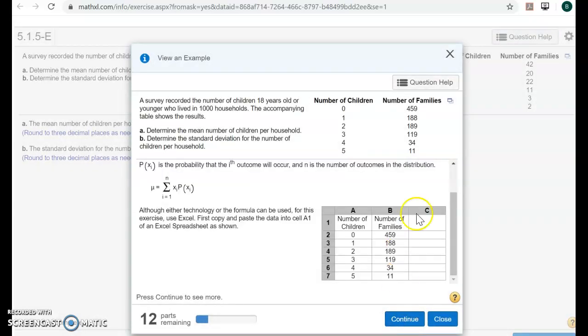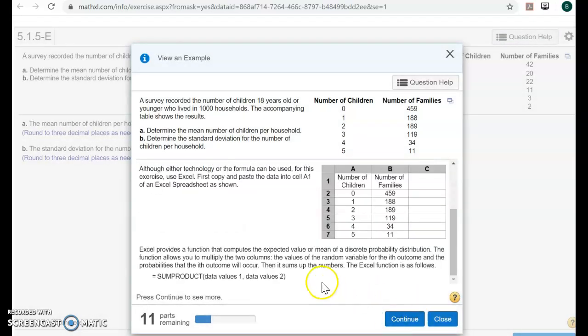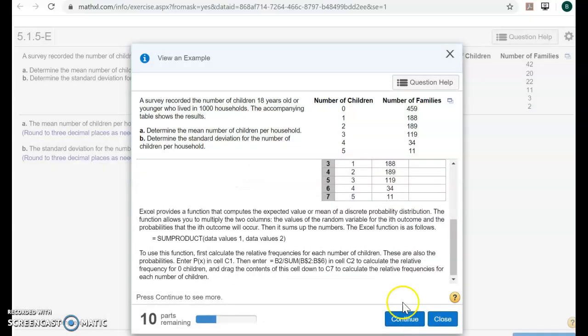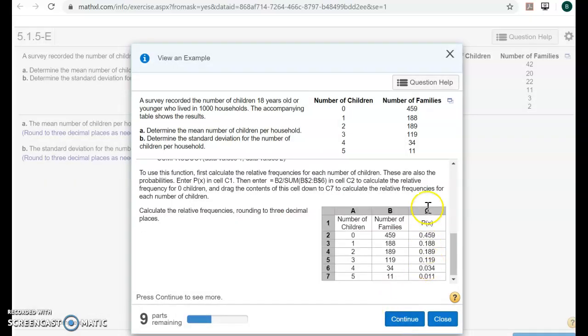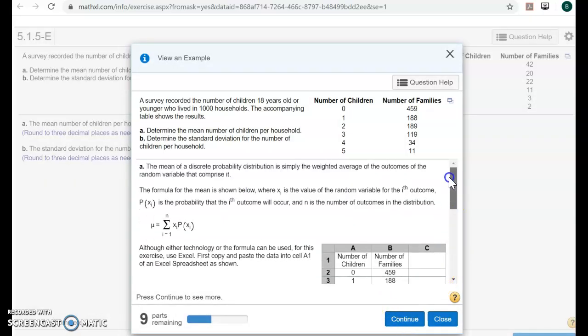If you want to go by the formula step by step, the first thing we did was take the data values and sum them up, and then we got P of X of I, because once we get the probabilities, we're going to multiply each probability by X and sum them up to get the mean.